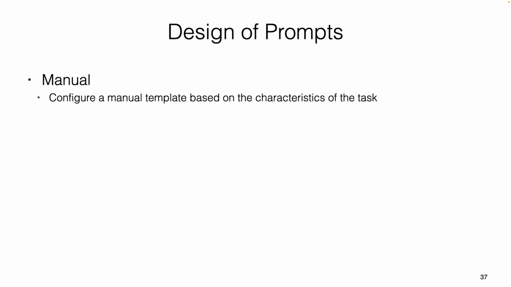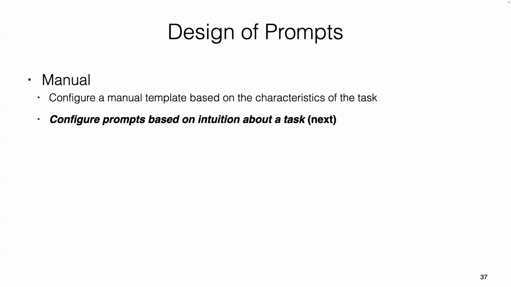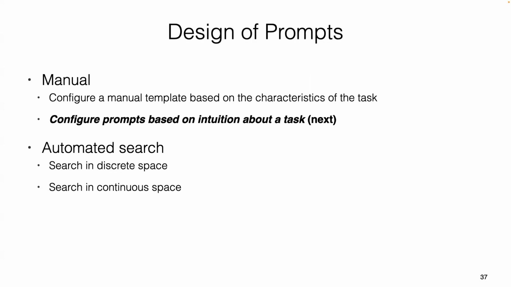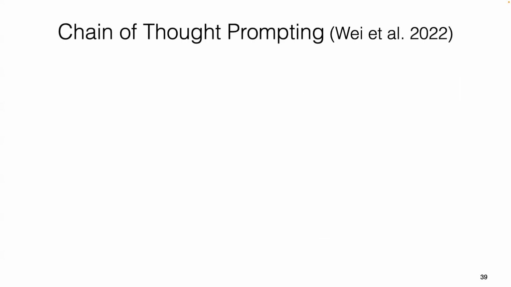Okay, so now I'll talk about these different prompt patterns. Again, these are just some patterns that are maybe interesting. The first, which you may or may not have heard of, is called chain of thought prompting.